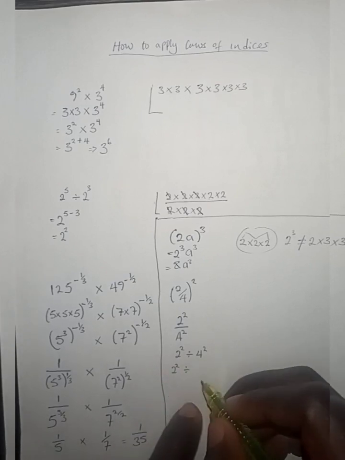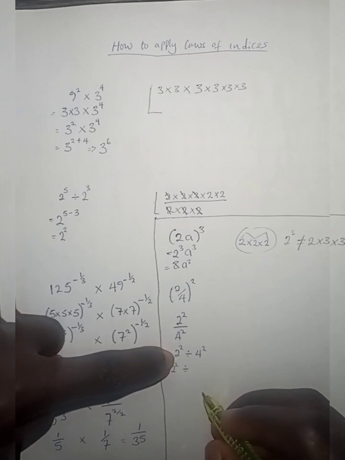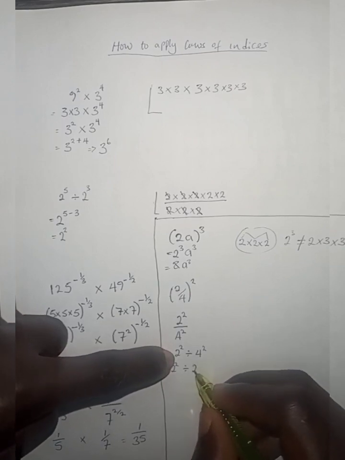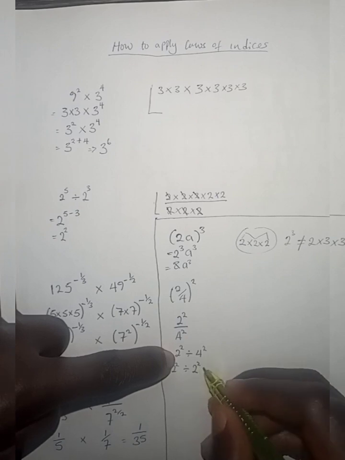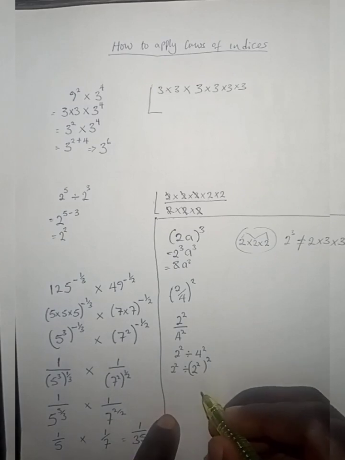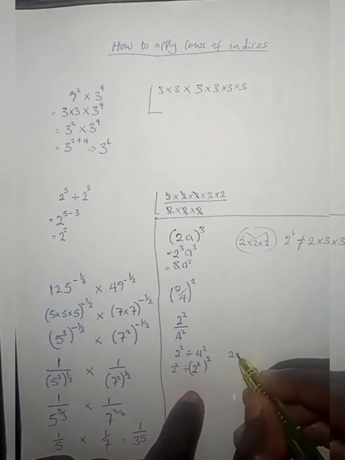And 4 here we can make of the same base as 2. So this is going to be 2 to power 2, all in brackets to power of 2, because 4 is the same thing as 2 times 2.